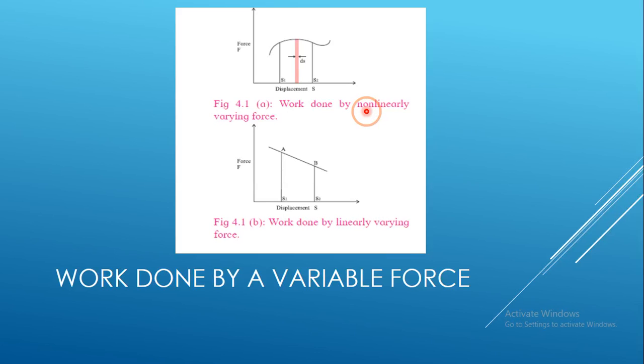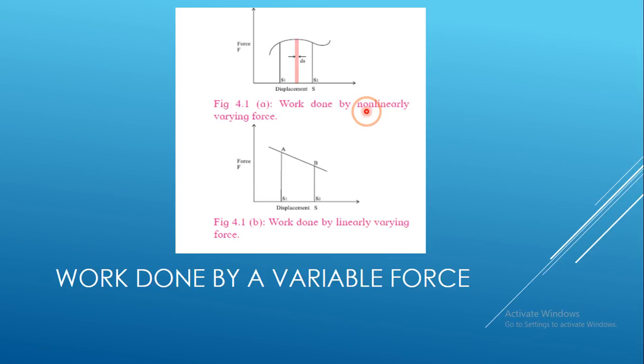Let us divide the displacement into a large number of infinitesimal displacements and consider small strips of that displacement. When you consider these small strips, the force is constant, so the area of each strip, F dot ds, is the work done for that small displacement. Now we can obtain the overall work by integration, that is the integration of F dot ds, which varies from S1 to S2.